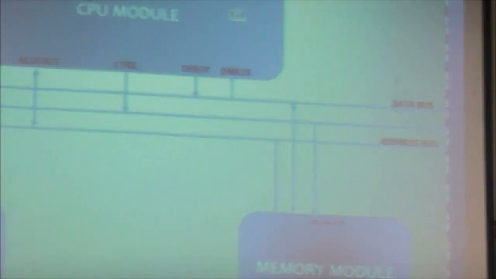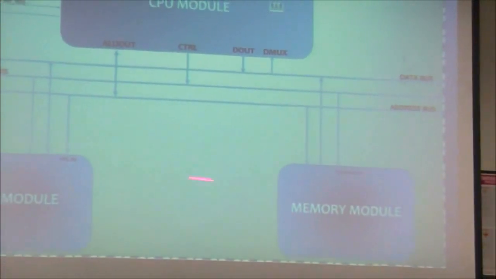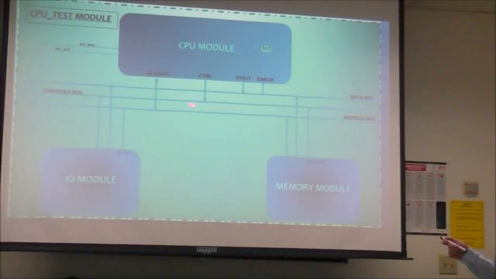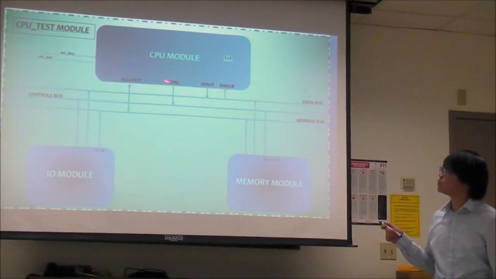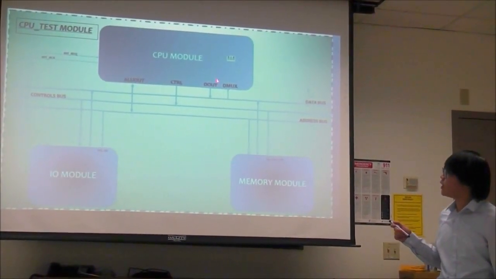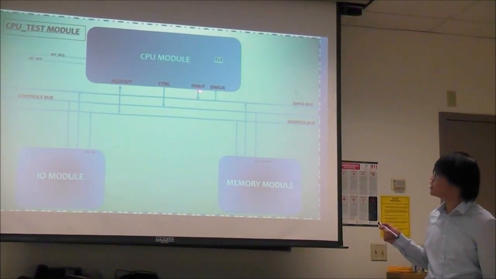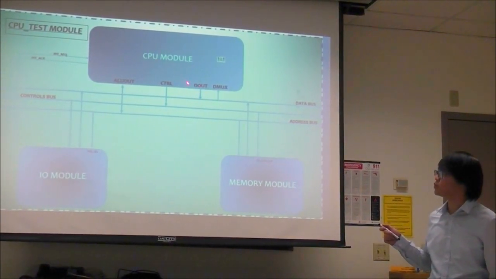There are 3 main buses, which is our control bus, which controls whether we want to write or read from either memory, and that control signal is coming from the CPU module. We have our data bus, which comes from our CPU module as well.